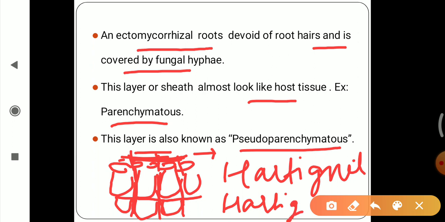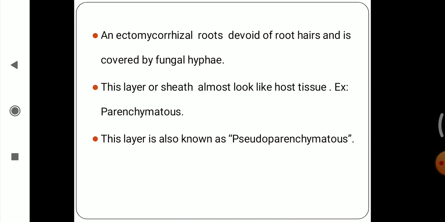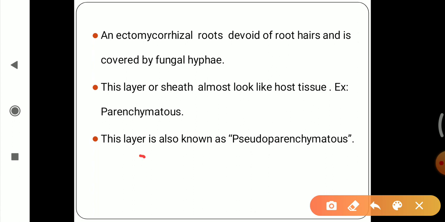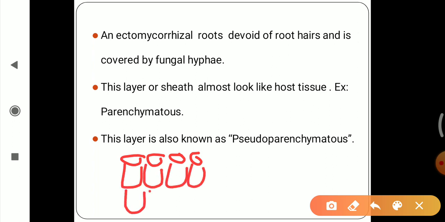The things that we have to remember for the structure of the root: this is the epidermis and this is the cortex.